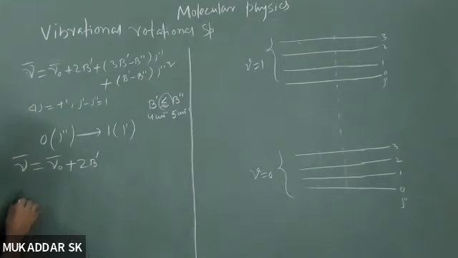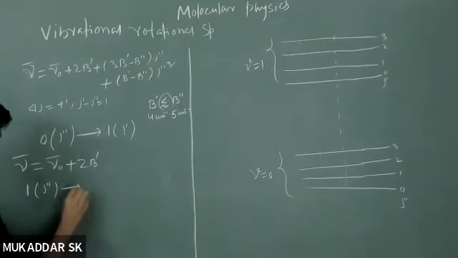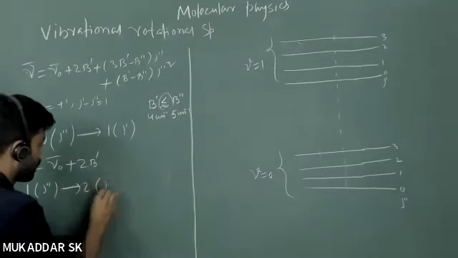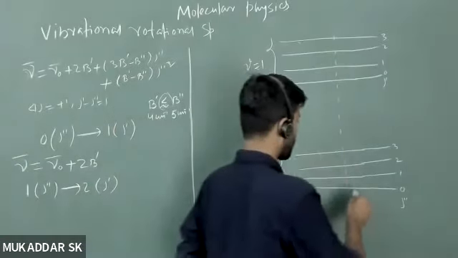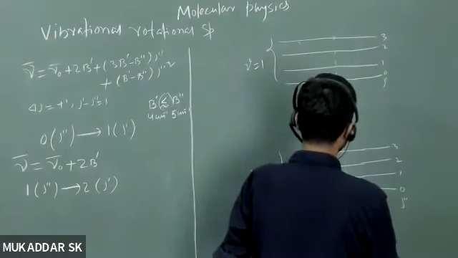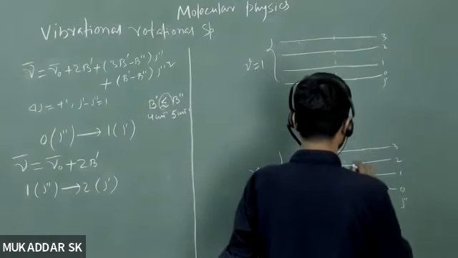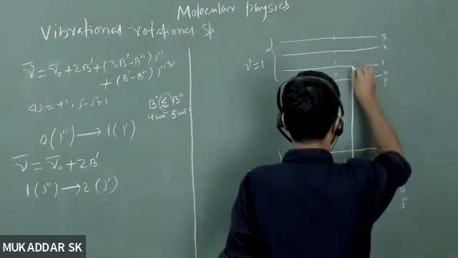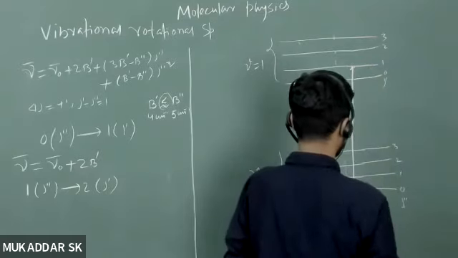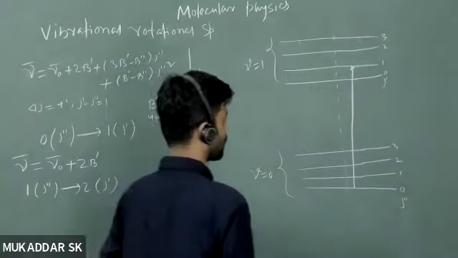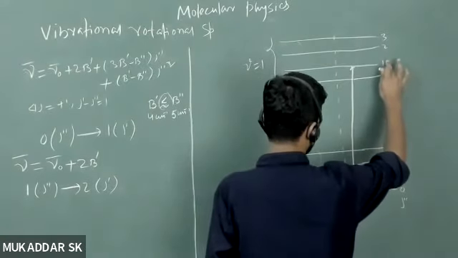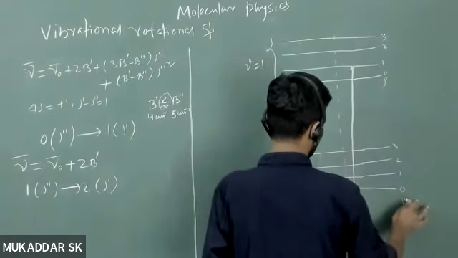The second transition will be from J'' = 1 to J' = 2. I can draw that diagram, then it will be clear. The first line will be from J'' = 0 to 1, because the condition I have taken is ΔJ = +1. ΔJ means final J minus initial J, which will be +1.